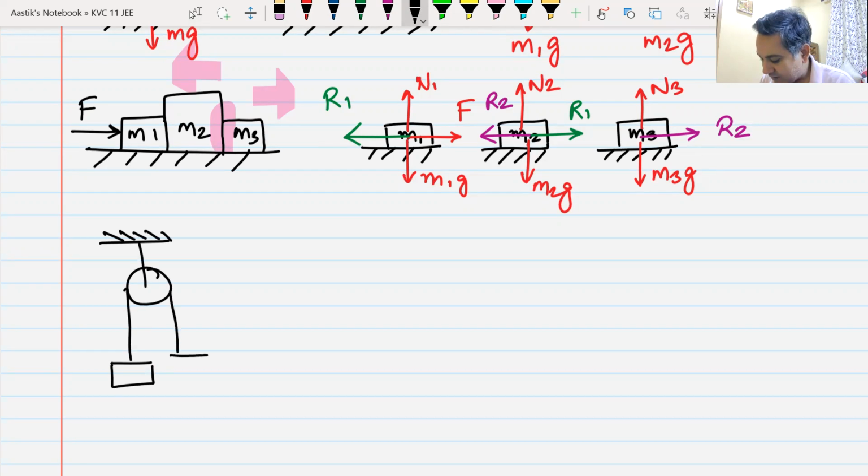One more free body diagram before we go. This is M1, this is M2. Now, if I ask you to draw the free body diagrams of M1 and M2, how will you draw it? I'll give you 1 minute to think about it.